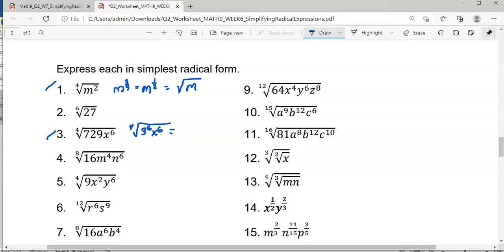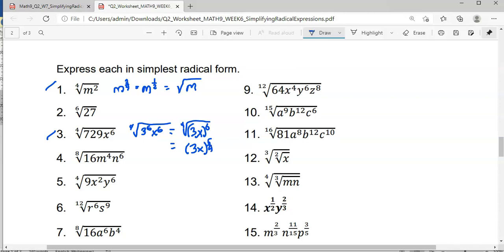Okay, then pwede nating ganito ang gawin. Since parehas naman ang exponent ng 6, ng 3 and x ay 6, pwede nating i-write as 4th root of the quantity of 3x raised to 6. Then gawin nating rational exponent, sa magiging quantity of 3x raised to 6 over 4.